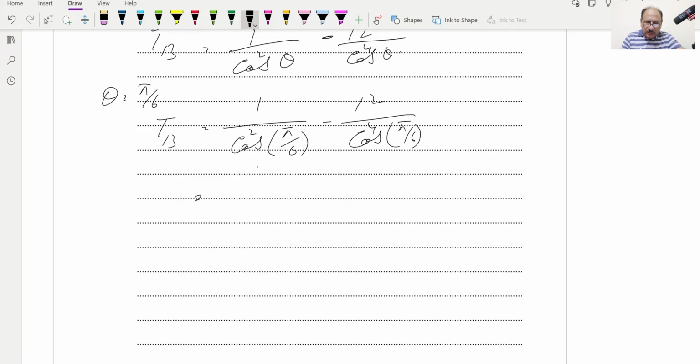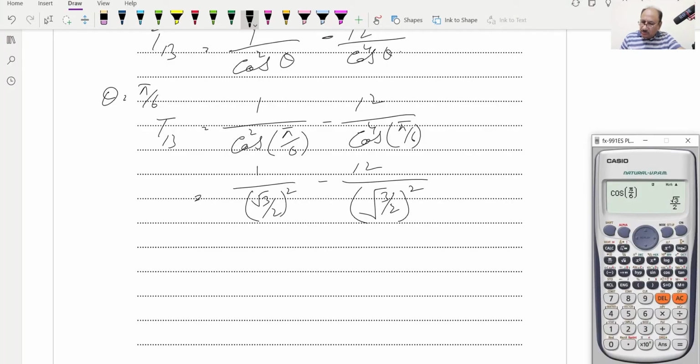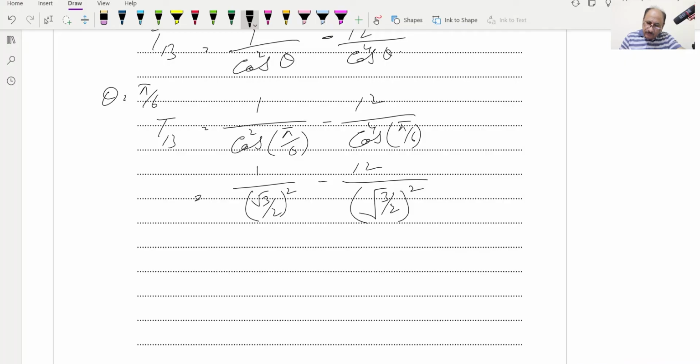So we can write 1 over under root 3 by 2, and this will be squared, minus 12 over under root 3 by 2, this should be complete under root. So under root 3 by 2, and this will be square. It's not complete basically.